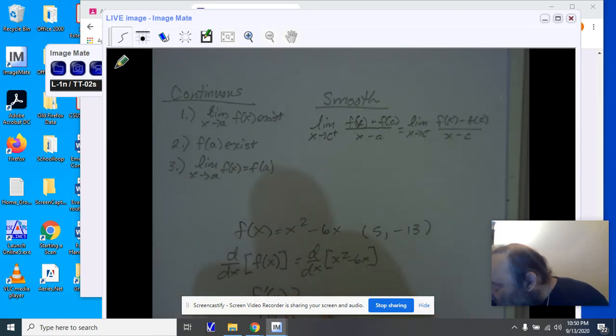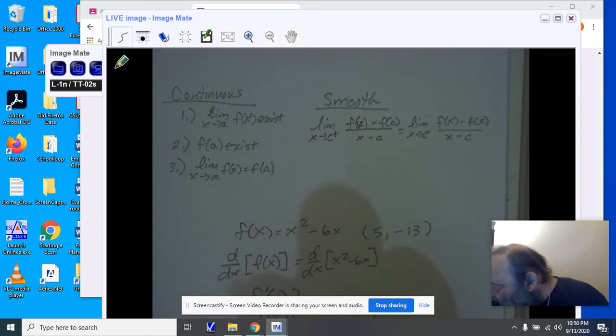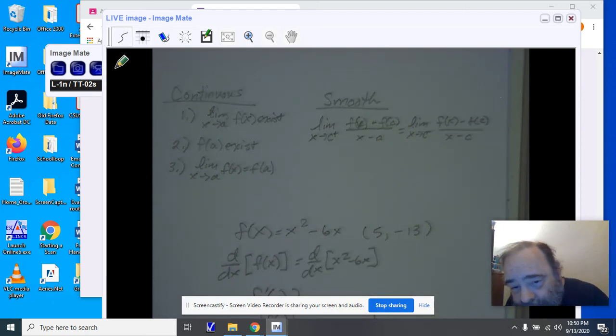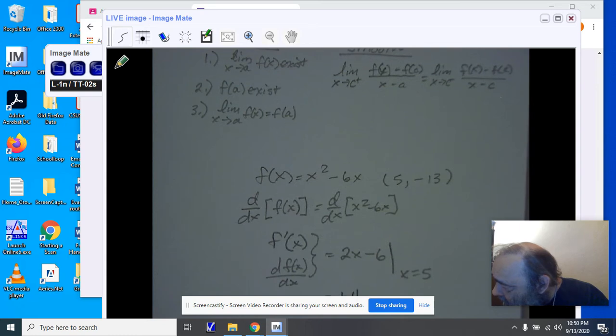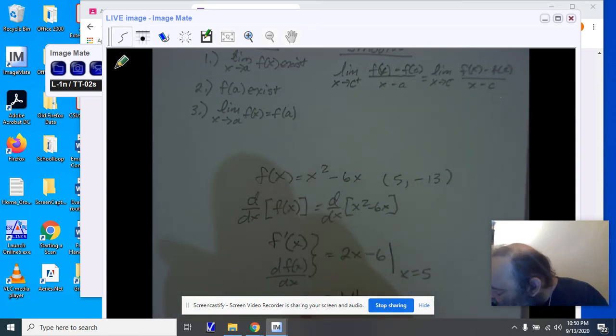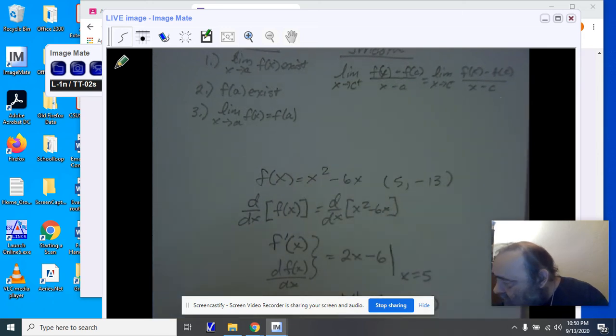Either way, it's still going to be our derivative, 2x minus 6, and we're evaluating it at x equals 5. You'll notice we're going to end up having 4. Let's just make sure you see that. This is the slope of the tangent line going through the point (5, negative 13).